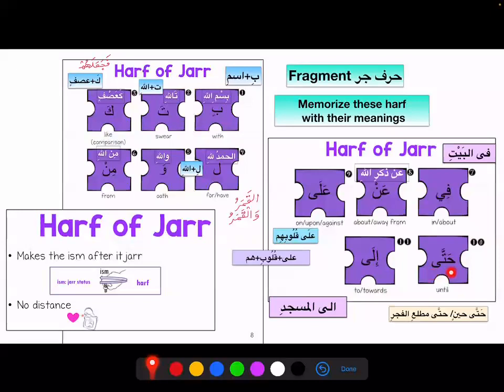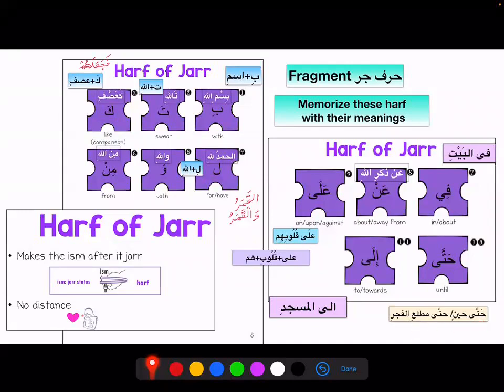And hatta as a harfu jar comes in Quran Pak only twice. Otherwise, it is coming in a different role. Okay, one more time. Hatta as a harfu jar comes in Quran Pak only twice. Otherwise, it is coming in a different role.